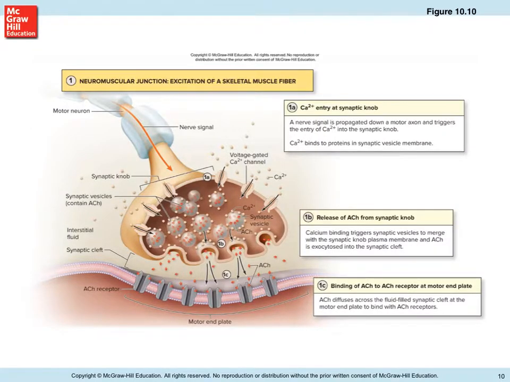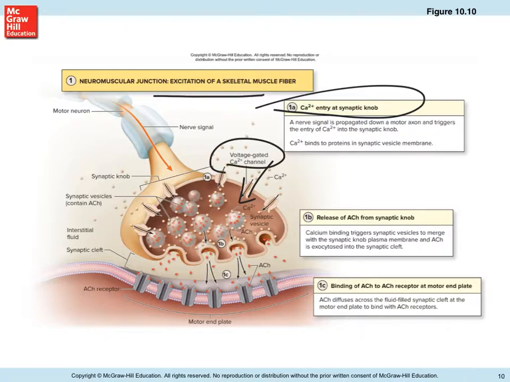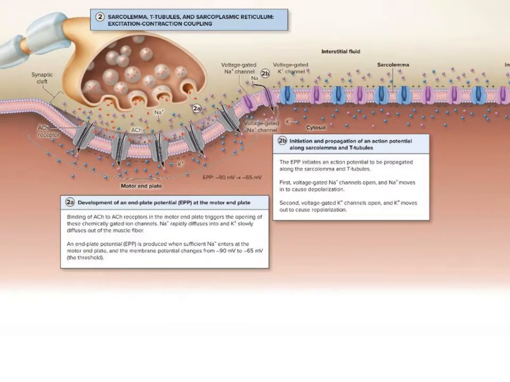And then just focusing on that neuromuscular junction excitation, what we just spoke about, the calcium will enter through voltage gated calcium channels. You get the release of the acetylcholine. That acetylcholine then binds to the acetylcholine receptors on the motor end plate. We're looking at the excitation contraction coupling.